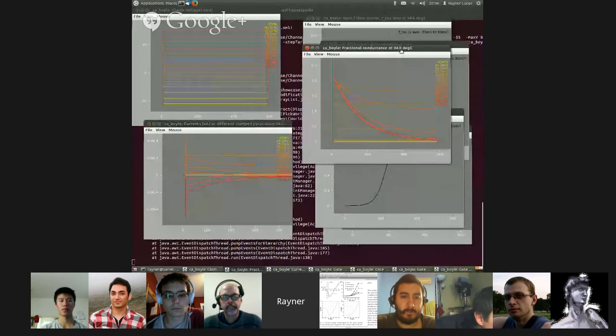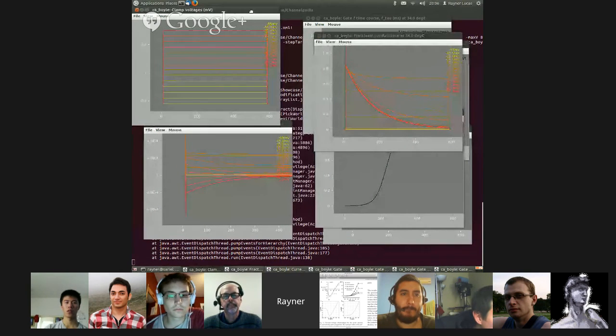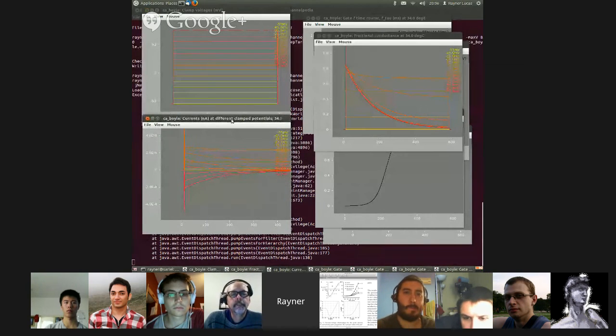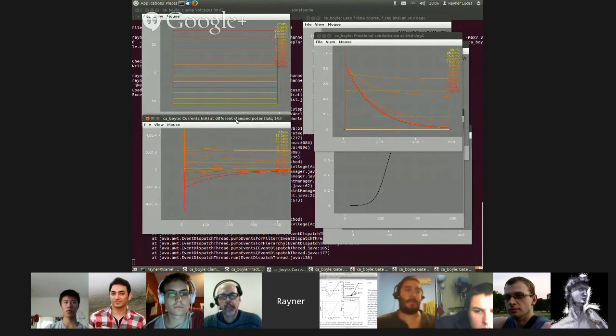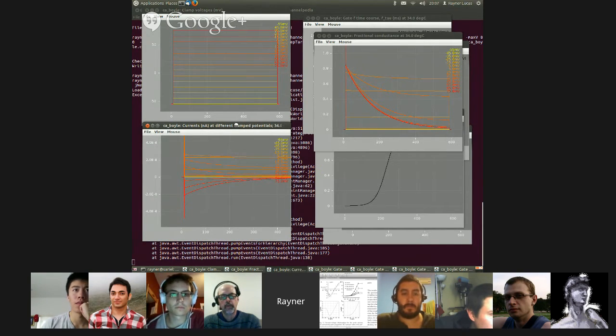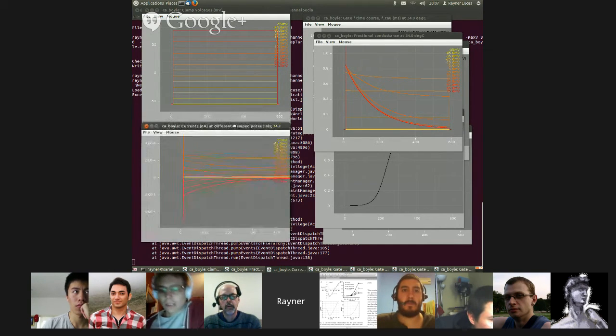This is supposed to be a model of Figure 3A's content, except what you're seeing is the graph over time, and here this is the one without time, which is the current voltage relationship by itself. But in order to generate the current voltage relationship, you need to test what current comes out at a given voltage. So this is a bunch of experiments of holding it at different voltages, seeing what happens to the current, and from that you can then pull out this IV plot. So you have to have it over that range, and that's why we're doing it that way.